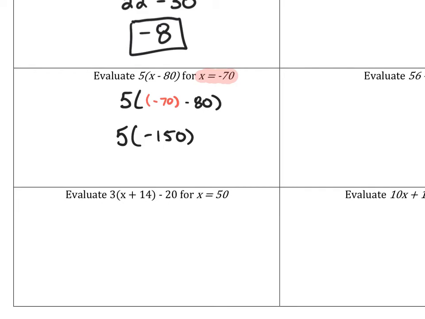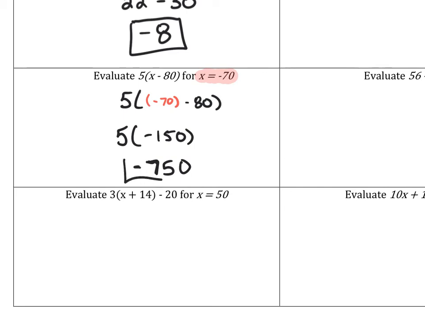All right, so as you go here, negative 70 and negative 80 make negative 150. All right, now you've got 5 times that negative 150, so you just have to multiply it out. And when you multiply it out, what do you get? You should get negative 750. Okay? Is that what y'all got?